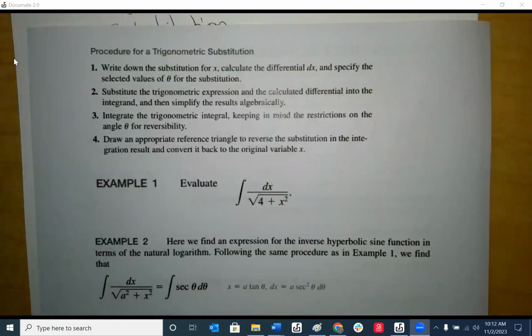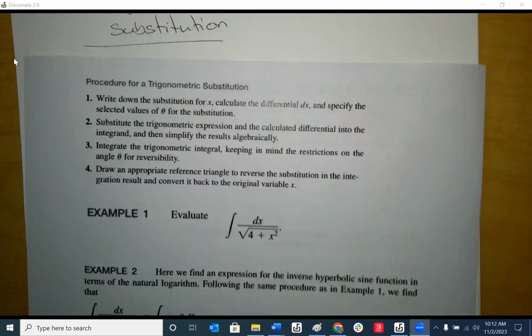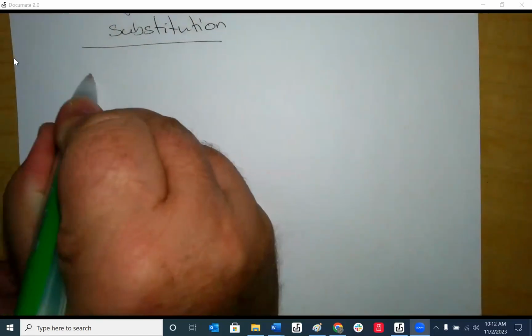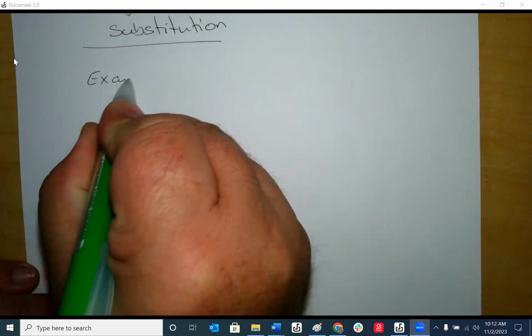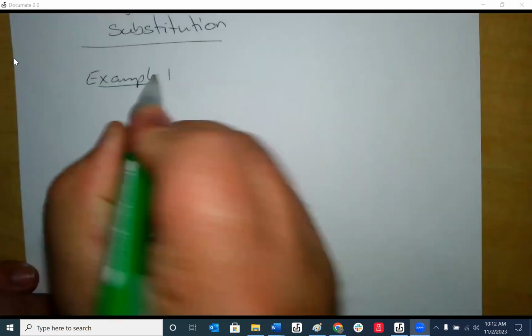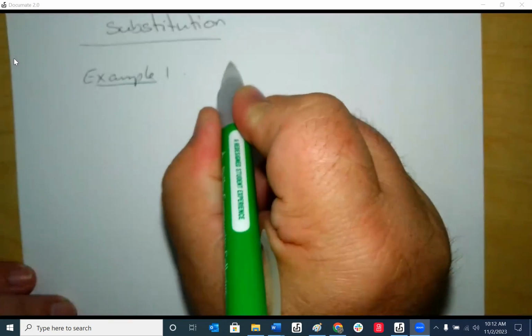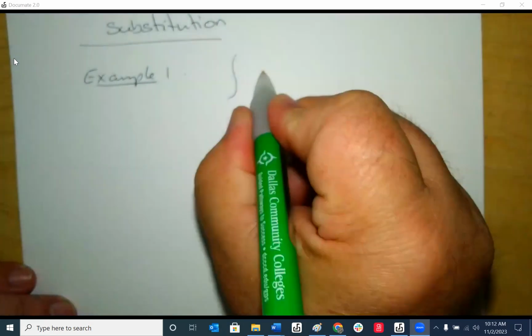All right, so to begin with, let's look at example 1. Example 1 is evaluate this integral.